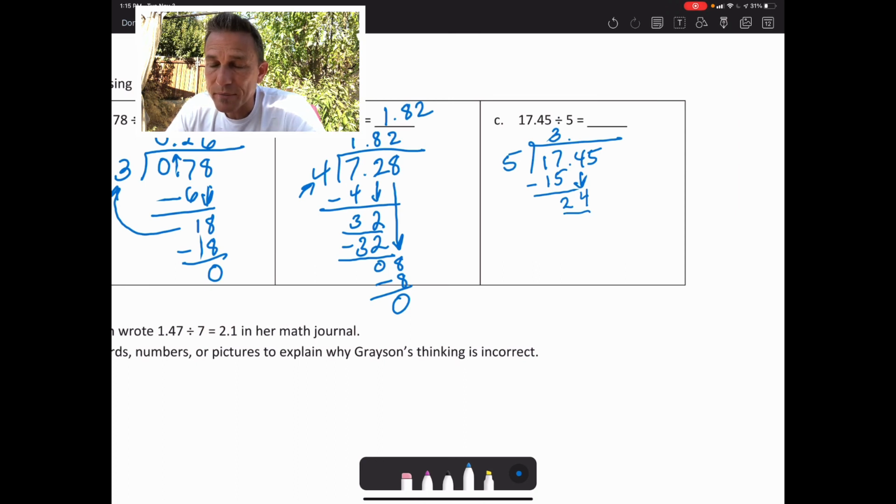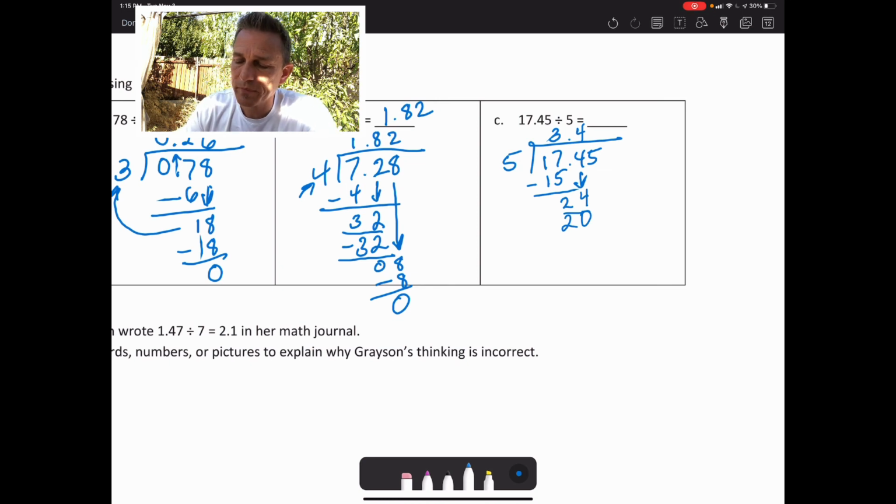So the amount of times that 5 can fit into 24 would only be 4 times, because 4 times 5 is 20. If I said 5 times, then my number would be 25, and that's more than 24, so it wouldn't fit. So 4 times 5 is 20. I subtract, and I have 4 left.